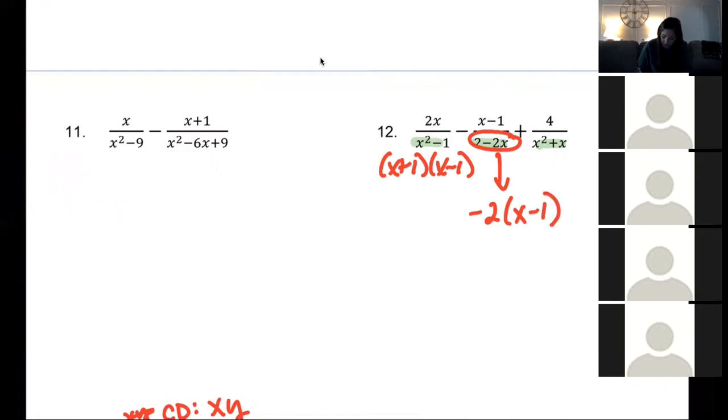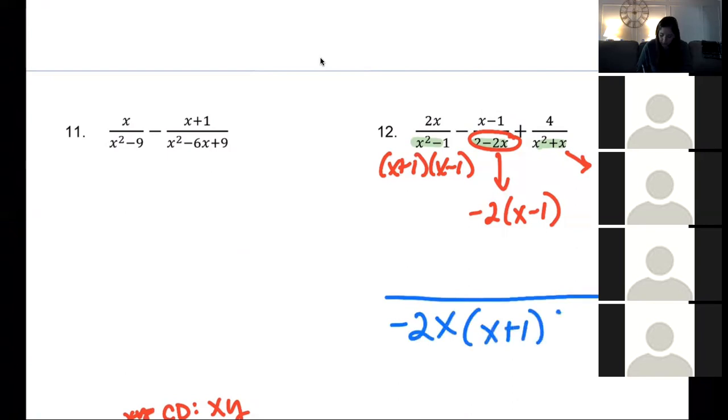And then lastly, I'll take out an x and I would be left with x plus 1. So out of all of my denominators, my common denominator would be -2x, x plus 1, x minus 1. I'm just combining all parts, and the x minus ones and the x plus ones are repeated, but I only need to put them one time.